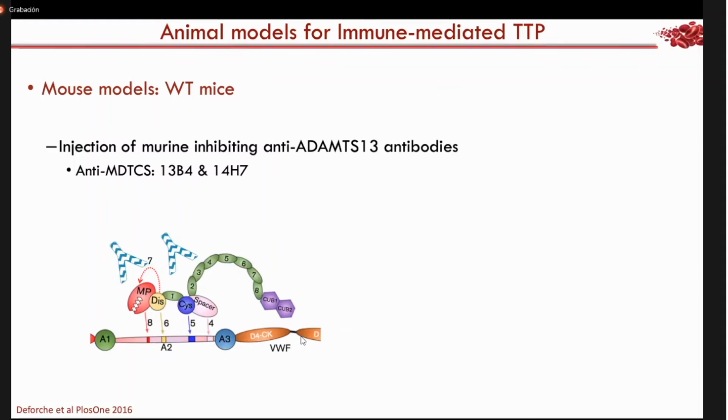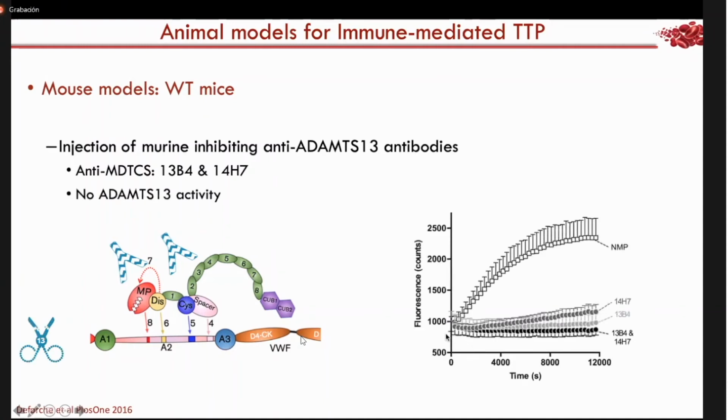We developed a large set of murine ADAMTS13 antibodies against the first part of ADAMTS13, and two of them inhibited ADAMTS13 activity.